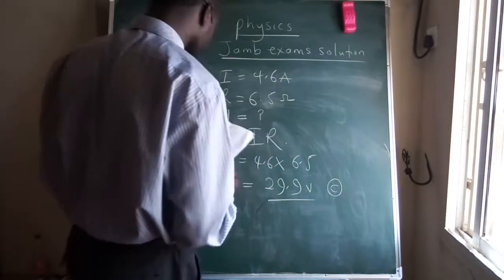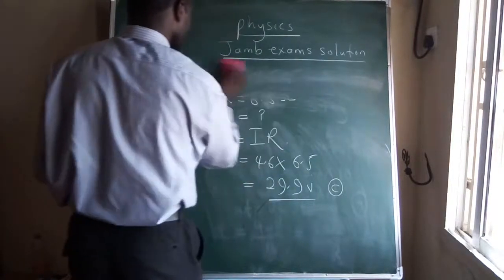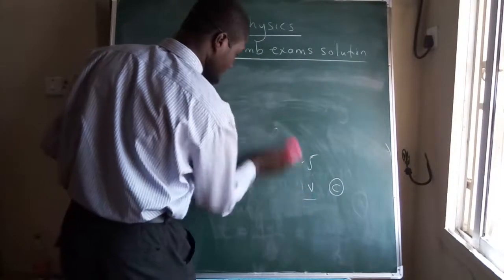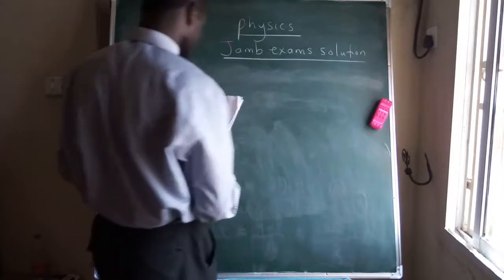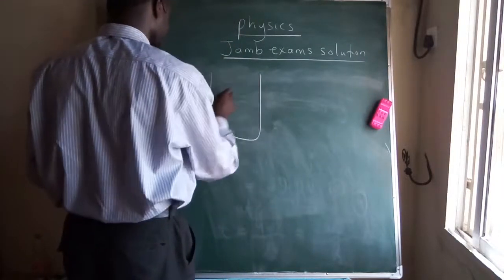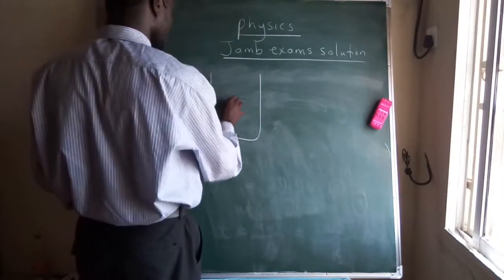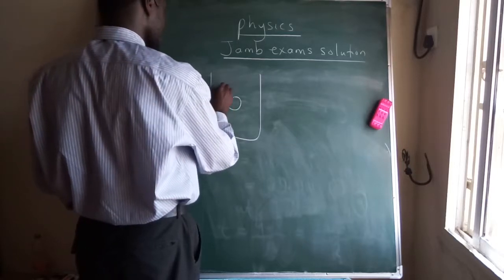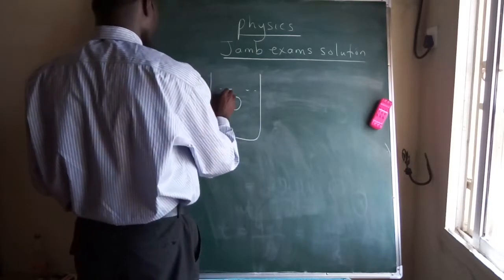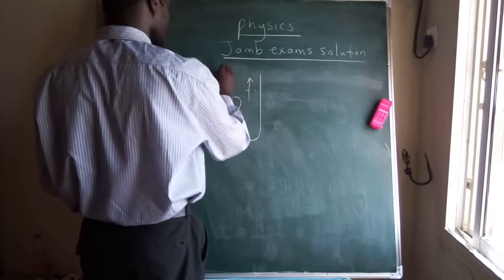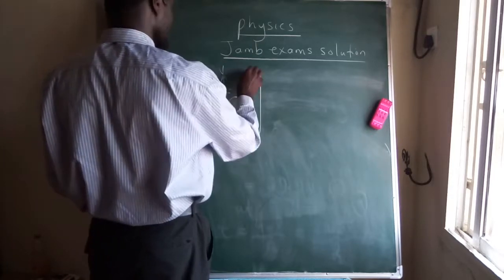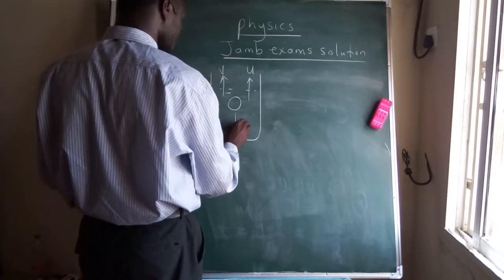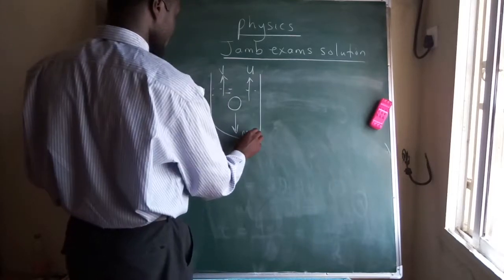Now question 7. A figure is given and we have an object inside a fluid. So we have three forces. One is viscous force, 2 is upthrust force, and 3 is weight of the body.